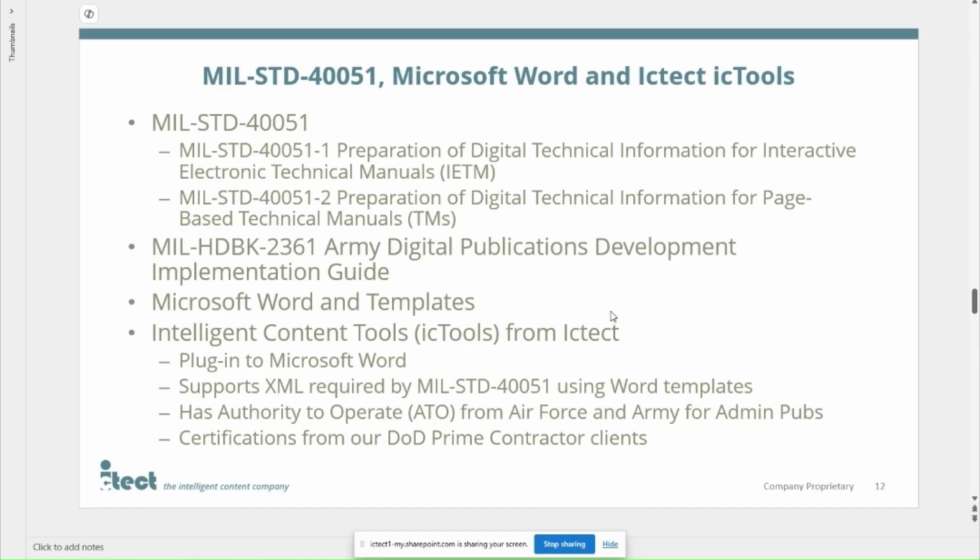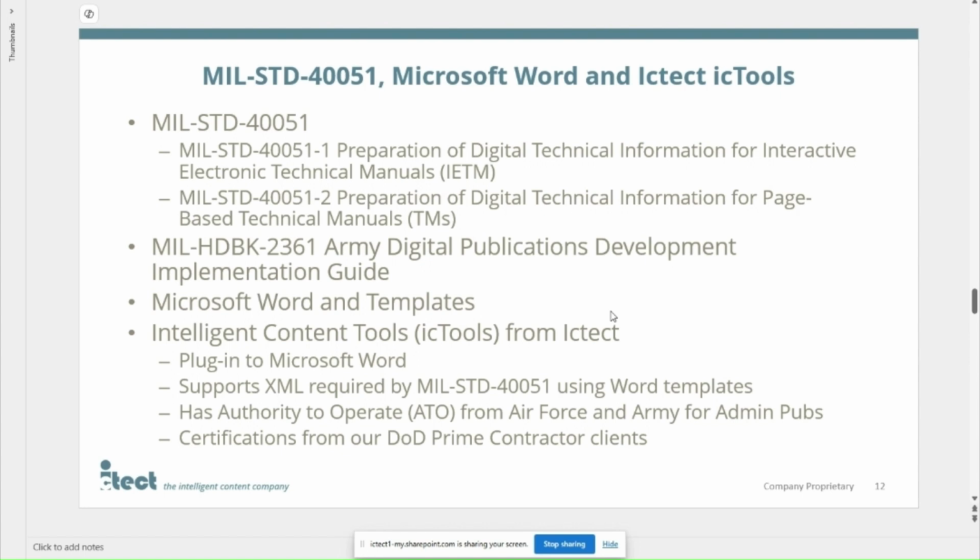Thank you. So I would like to talk a little bit about MILSTD 40051, Microsoft Word, Word templates, and our icTools software. So first of all, 40051, those of you submitting the tech manuals are very likely familiar with this.